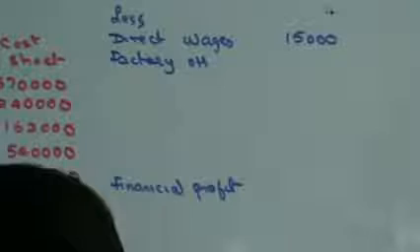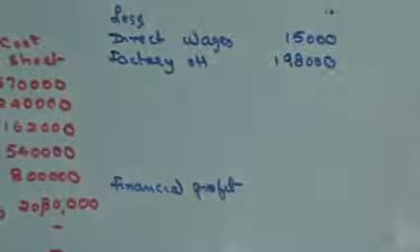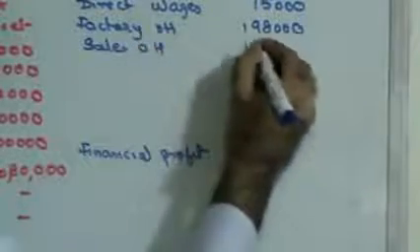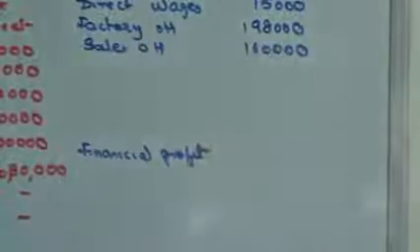Right? So in that case, 1,98,000. Next, office overheads. Office overheads is more in cost sheet, so it will come in more column. Office overheads is 1,40,000 more. Then you have sales overheads. Sales overheads is less in cost sheet, so it will come in less column. Sales overhead, 1,60,000. Right? Next, sales is more in cost sheet, but it is a credit side entry.